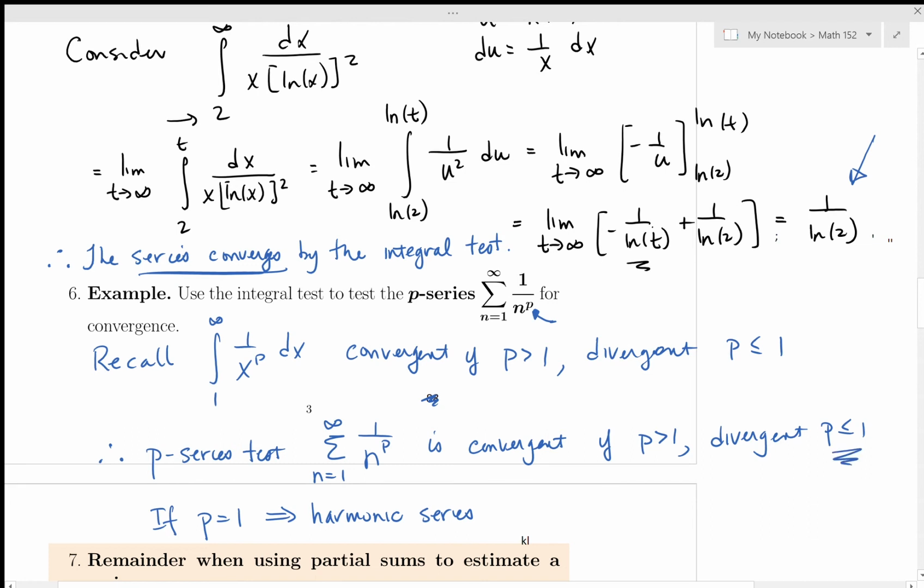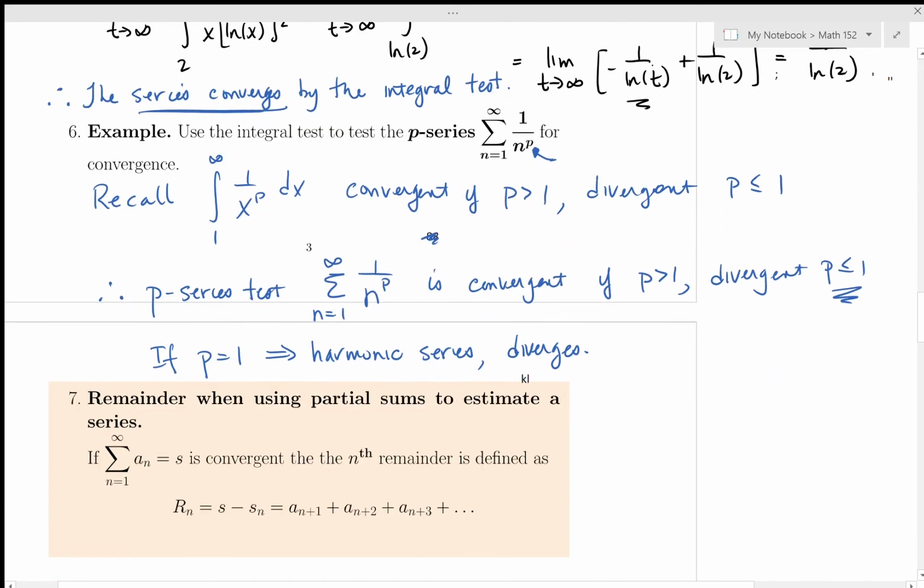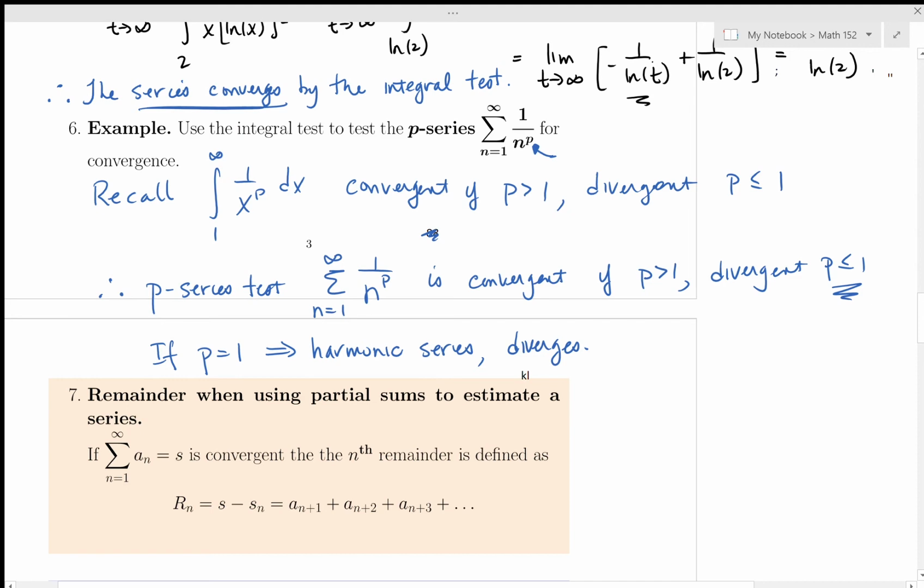So if p is like 1.00001, the series will converge. It's that exact first spot where it goes from being convergent to being divergent. So if p is 1, we get the harmonic series, and the harmonic series diverges.